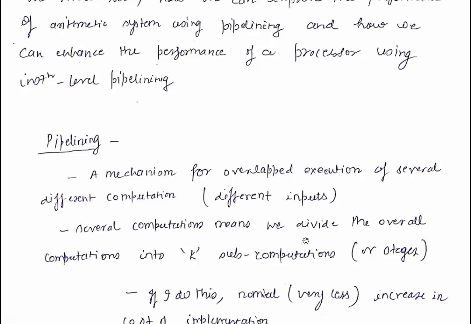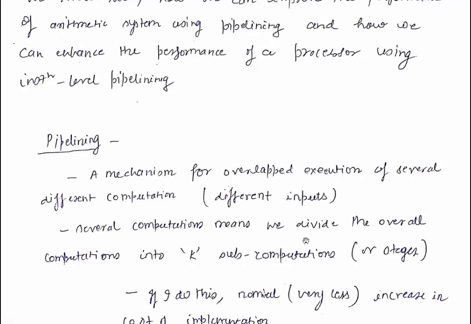Let's say there is a for loop, and inside that for loop we want to add and multiply. So these are the 2 operations we need to perform inside the for loop, and that we have to do for 100 such values.